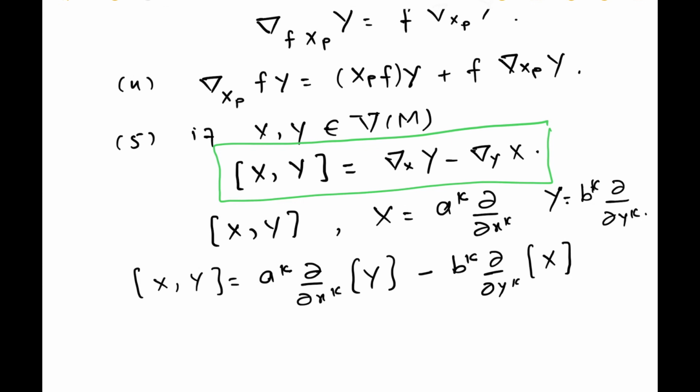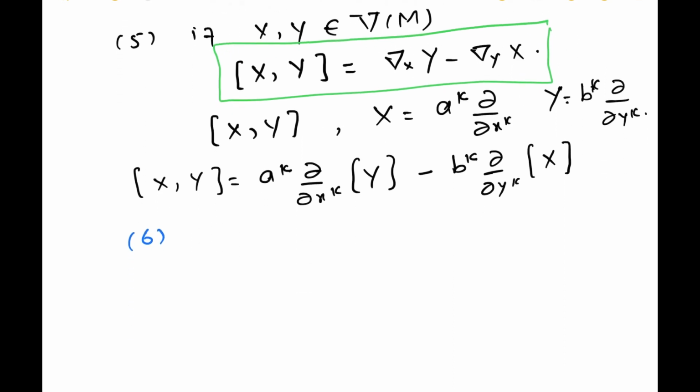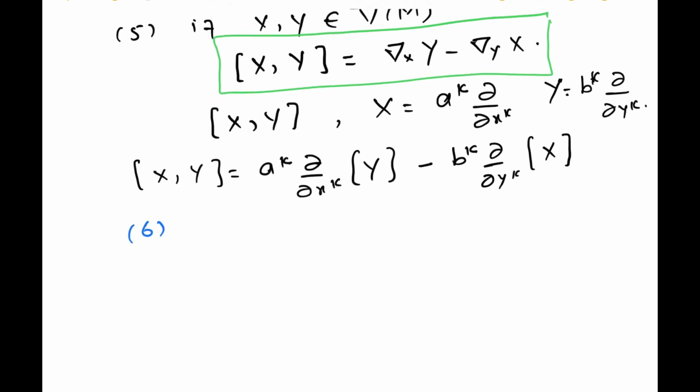The sixth property is this one. xp of the inner product of y1 and y2 is equal to: y1 and y2 have an inner product, and we apply this vector xp on this.